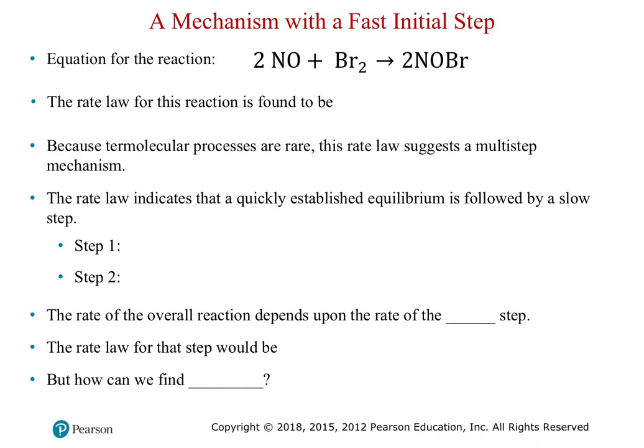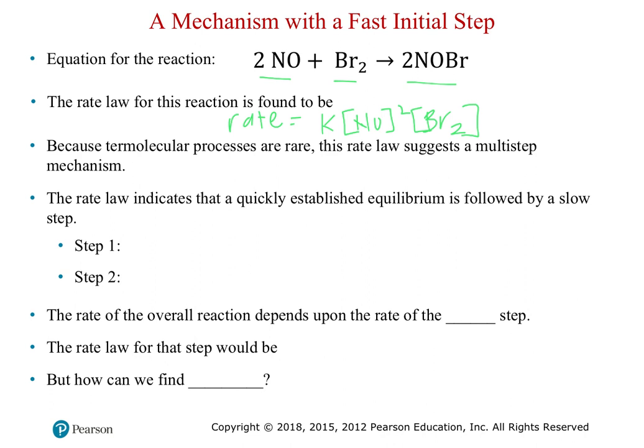So if we look at the rate law for this reaction, where 2 nitrogen monoxides react with bromine to produce this nitrosyl bromide compound, the rate law that's determined experimentally is that the rate is equal to k times the concentration of nitrogen monoxide squared and bromine to the first power.